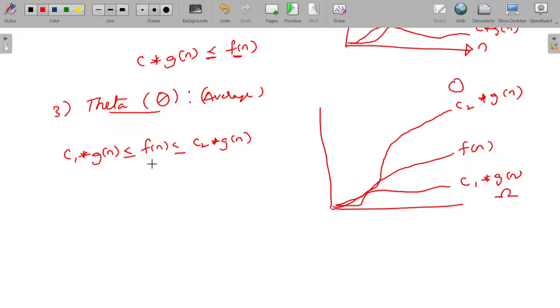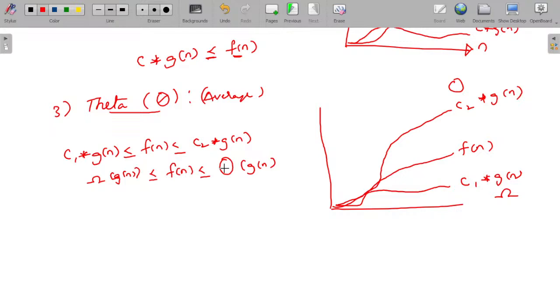Which is nothing but omega of g of n is less than or equal to f of n, and it is less than or equal to big O of g of n. This is how you represent theta notation, which is used to represent the average case time complexity for any given algorithm.